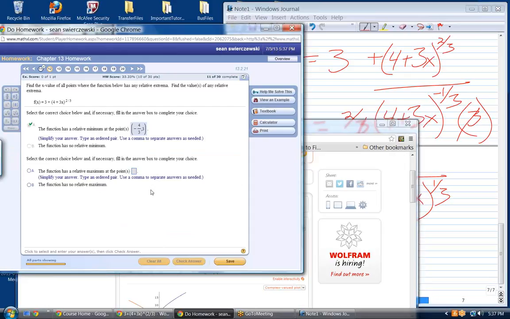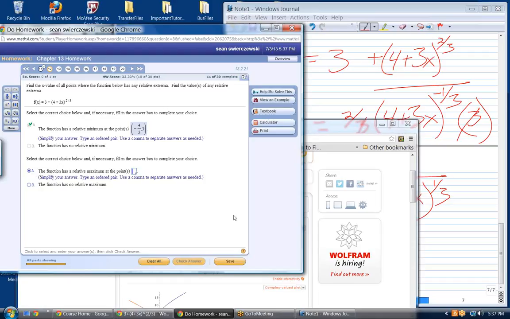Interesting. Okay, and the relative maximum. That would be coming up to the asymptote. Wouldn't it have to be the same thing? Yeah, negative 4/3, 3.